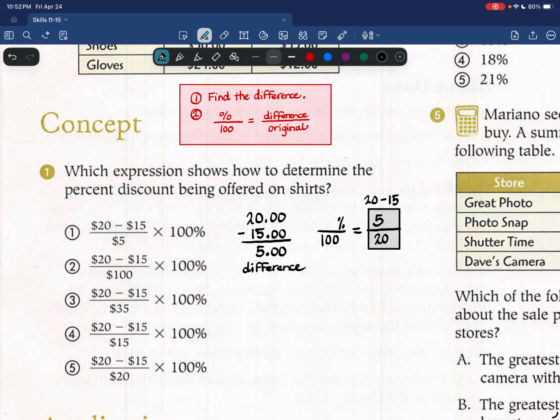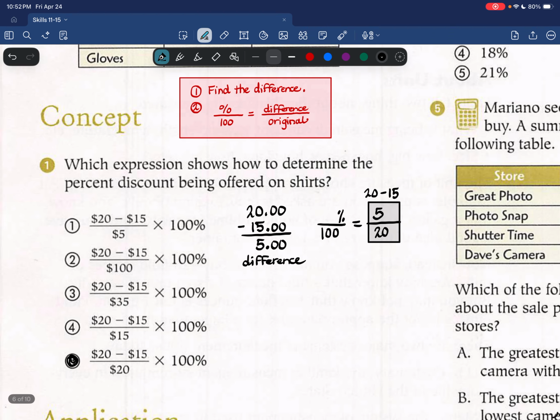So which one of these answer choices says the same? Which one of these puts $20 on the bottom of a fraction? It is number 5. We said 20 minus 15, that's 5, over 20 times the 100%. So your choice there would be number 5. You do not have to solve it. You just have to set it up.